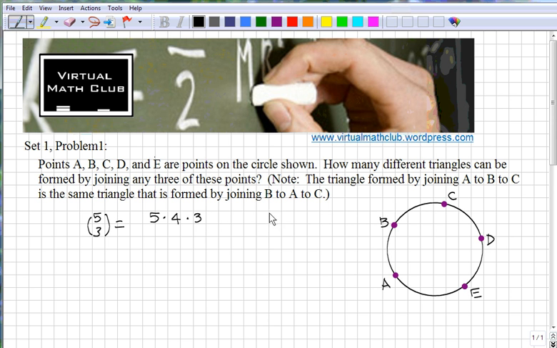So in this case, this would count A, B, C as being different from A, C, B, and B, A, C, and B, C, A, and C, A, B, and C, B, A. The permutation would consider all of these sets of points as being different, but they're really all the same triangle, right?